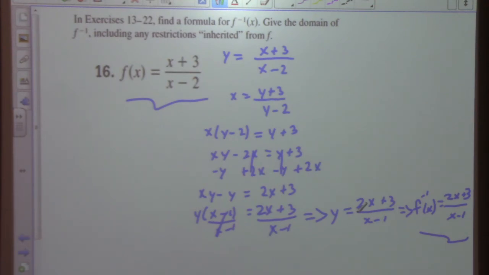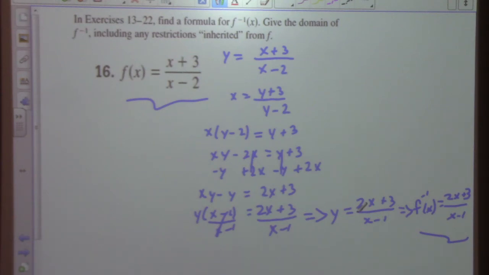You see that? And you multiply through. On the other side, you have x equals y plus 3 over y plus 1, right?